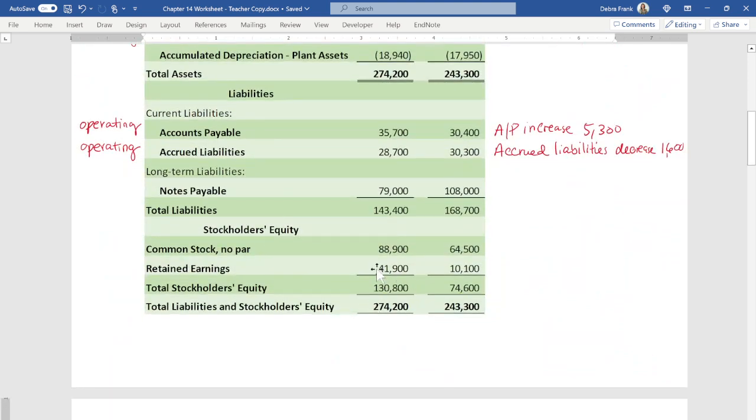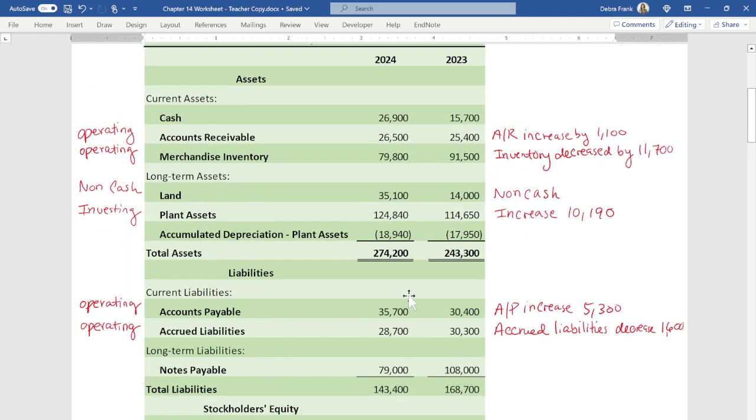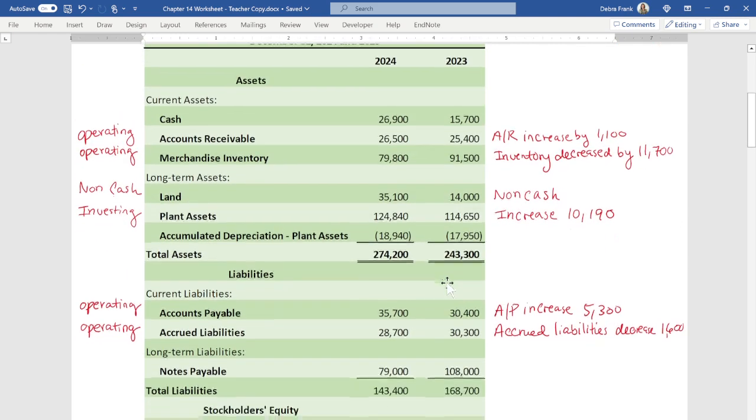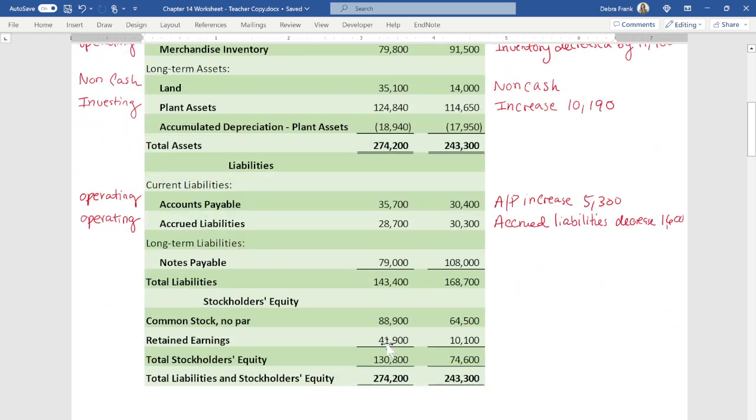So we're going to analyze this difference from 2023 to 2024. We can see that our retained earnings went up, but let's double check that there are no dividends paid out. So let's make a T account for our retained earnings.